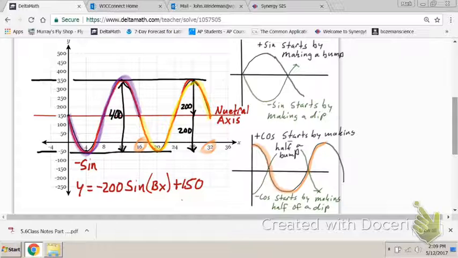We know the period is 16 units, and we know that the period for a sine function is 2 pi over b. Our period is 16, so it allows us to back calculate b, which in this case is going to be pi over 8. All right, so now we're going to have the complete equation.